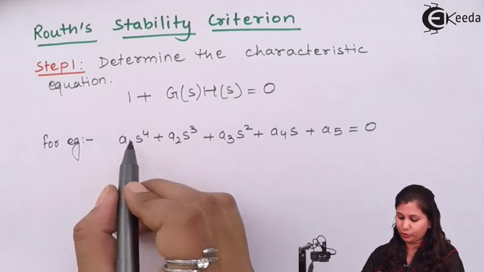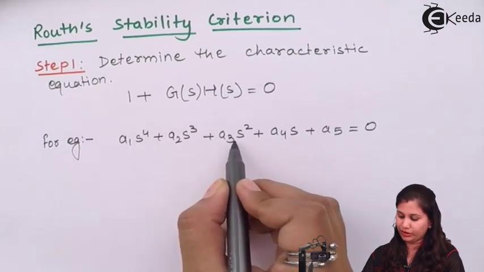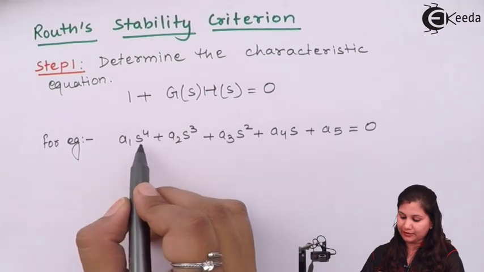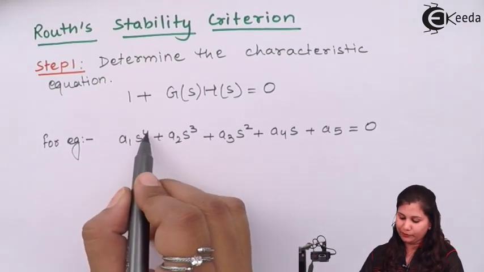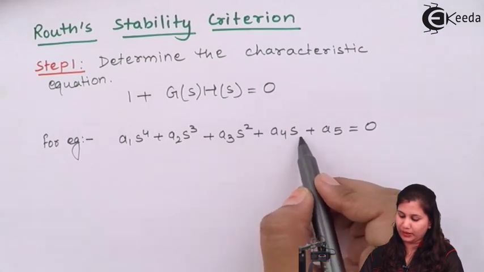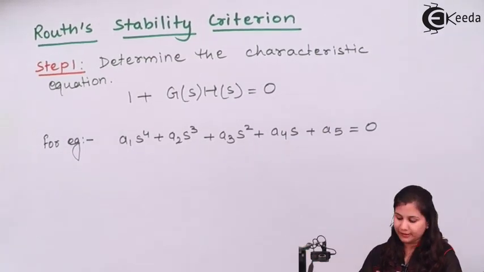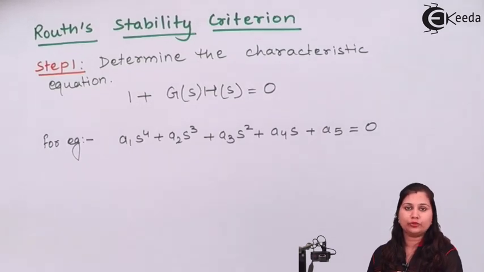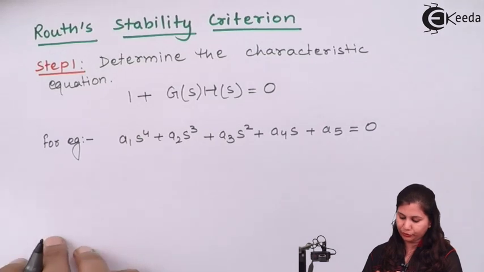In this we have the coefficients as a1, a2, a3, a4 and a5, and we have the power of s. The highest power is s to the power 4, then s cube, s square, s and s to the power 0. Now our second step will be to build the Routh array, and how this array can be made, let's see in step number 2.